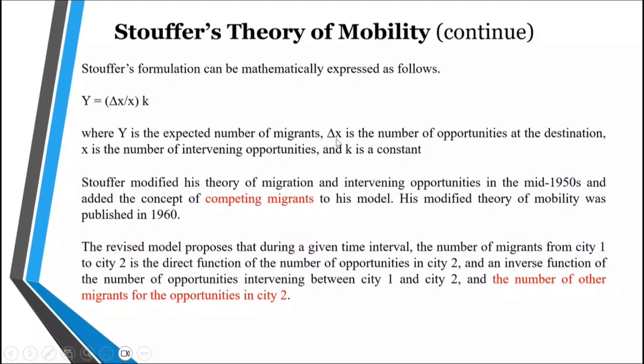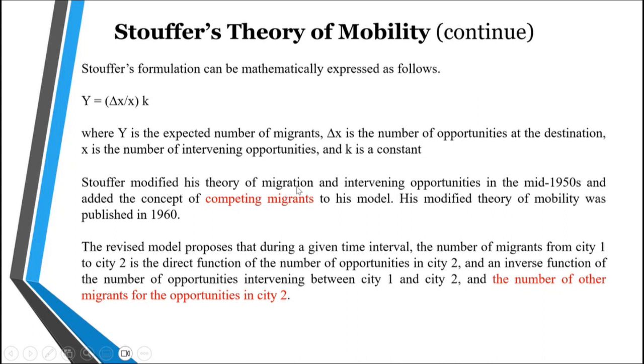That means the x below is the number of opportunity within the distance between the origin and the destination, and k is a constant. So from here, if the denominator is higher, the x is bigger, the number is bigger, like for example, 2/10, 2/100, 2/1000, 2/10,000, 2/1,000,000. So the bigger the x, the smaller the y.